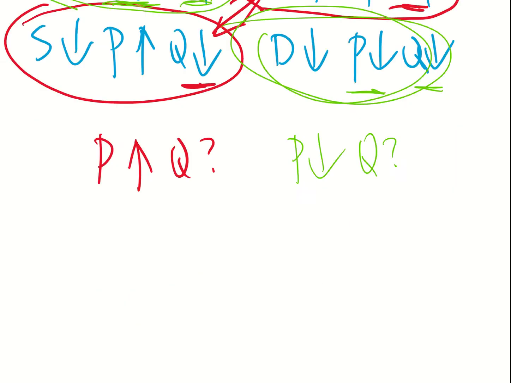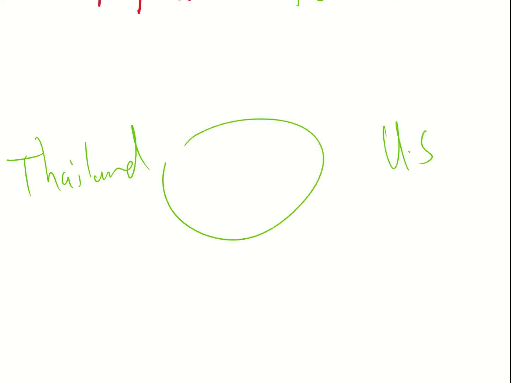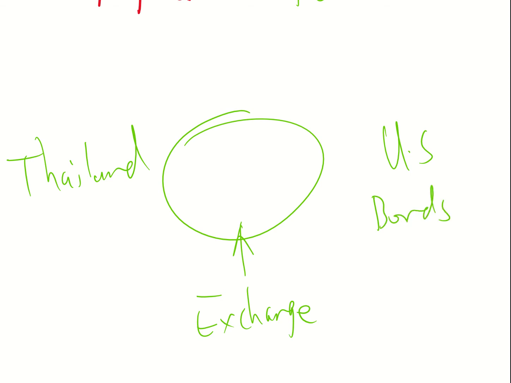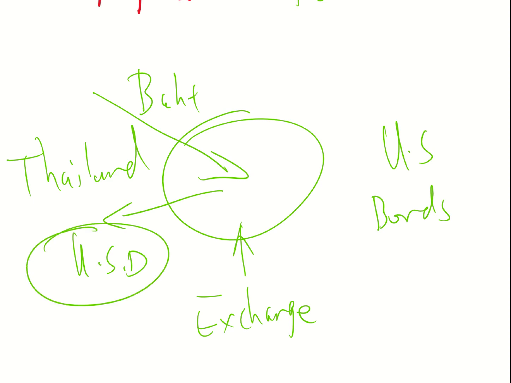So again, imagine that between Thailand and the US, we have this exchange market. And then Thailand wants to buy more US government bonds. Now, what must they do first? They must supply the market with baht. They will in exchange get US dollars back, and then use US dollars to buy the bonds from America, right?